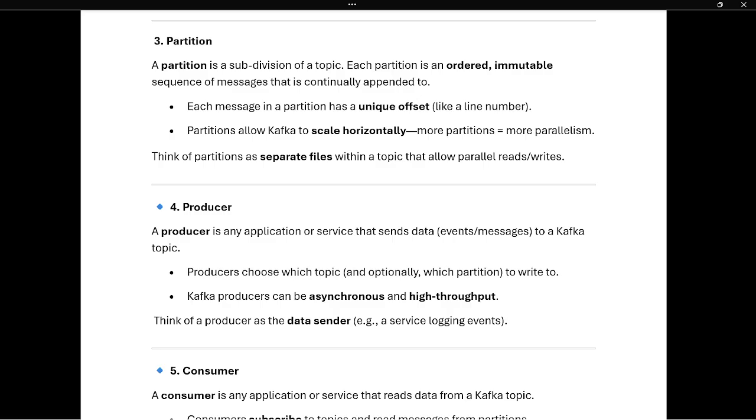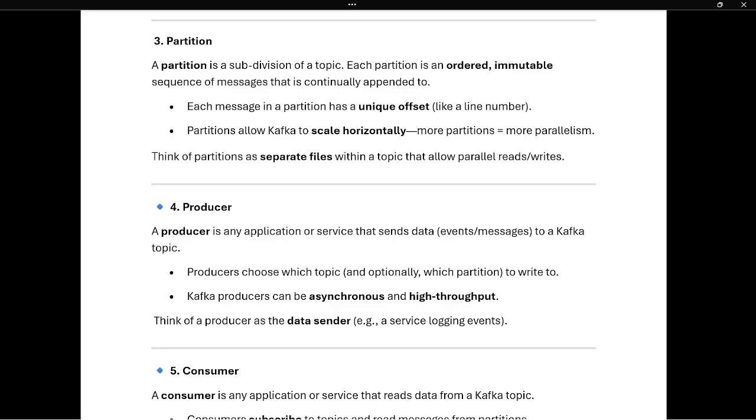In simple terms, as the name suggests, its work is to produce data to that particular broker or storage area. A producer is an application or service that sends data, an event or message, to a Kafka topic. The topic is getting stored in the broker or cluster, and the different brokers create a Kafka cluster. The producer chooses which topic to write to, and a Kafka producer can be asynchronous and high throughput.